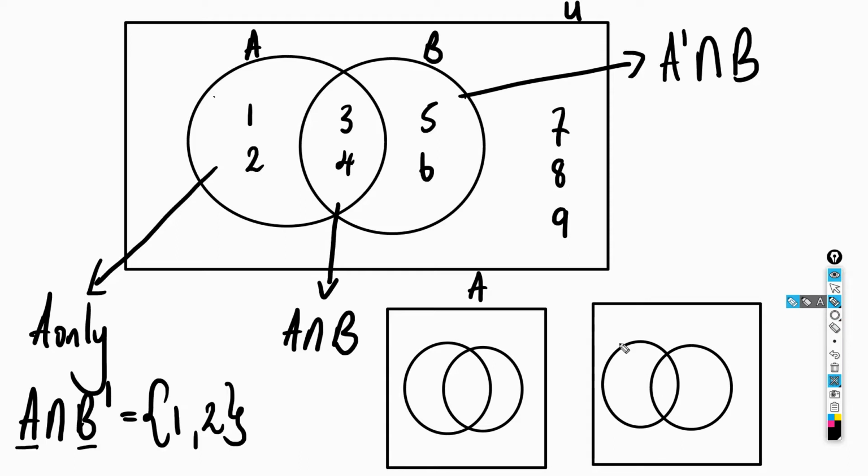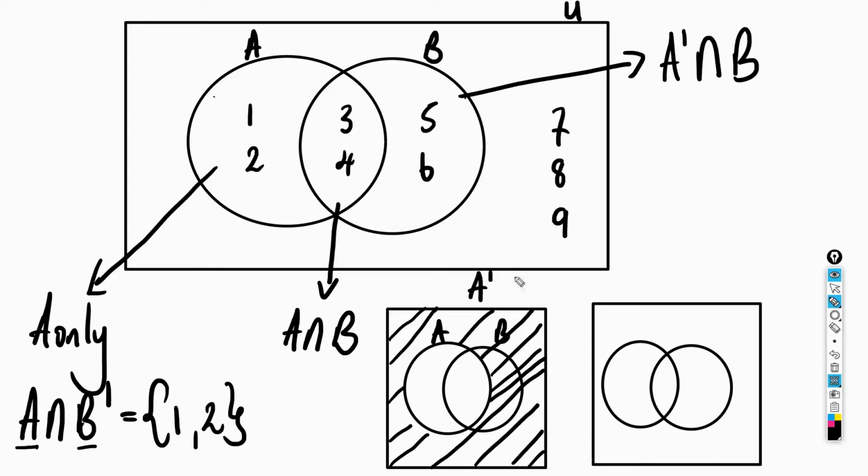All right, guys, so we're looking at two Venn diagrams again. A prime, in this case, for A and B, would be everything outside of A. So that would be the shaded region here. Everything outside of A. That's what A prime would be. So let's just shade up here.